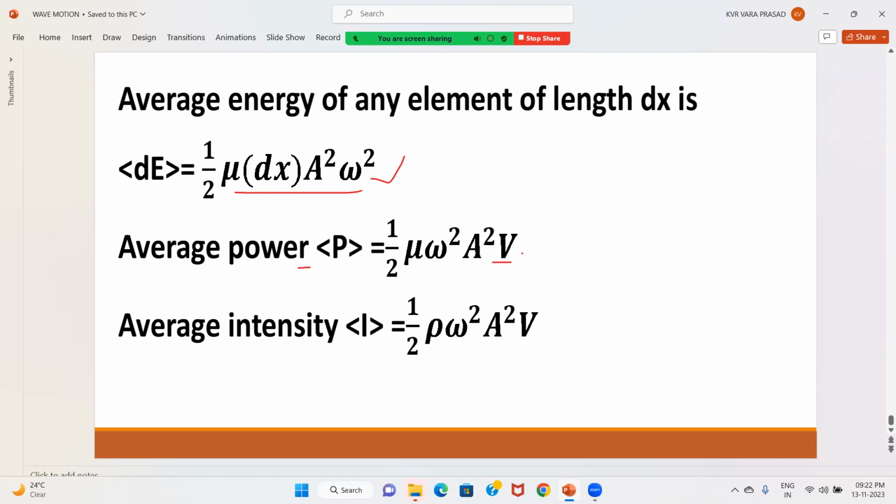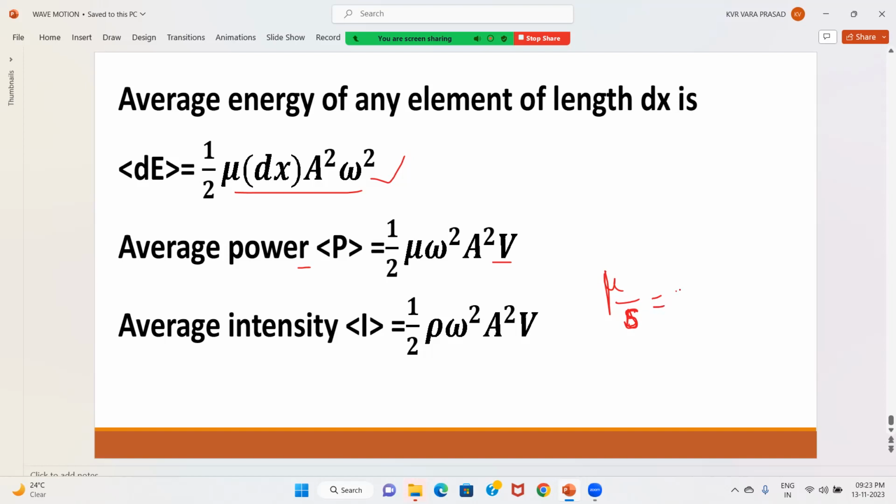And if we divide power by the cross section area of the string, that gives average intensity. Better to use S for cross section area, to avoid confusion between amplitude and cross section area.